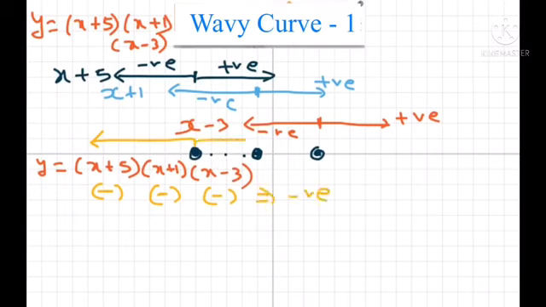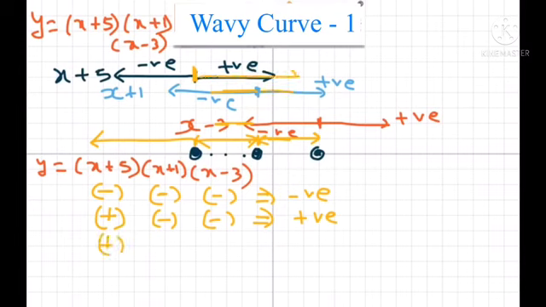Next is between minus 5 to minus 1. Between minus 5 to minus 1, the first factor is positive. The second factor is still negative, and the third factor is definitely negative in this one. So the product is finally positive. Now the next region is between minus 1 to 3. In this region, this factor is positive.